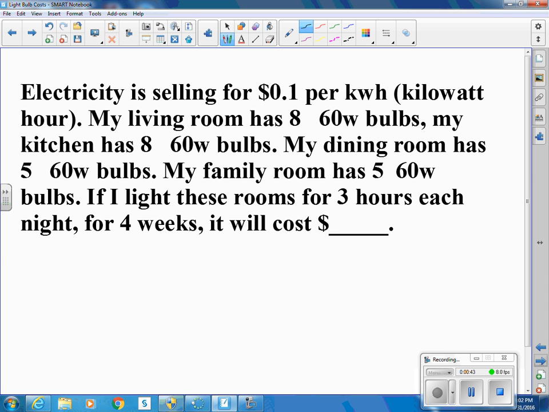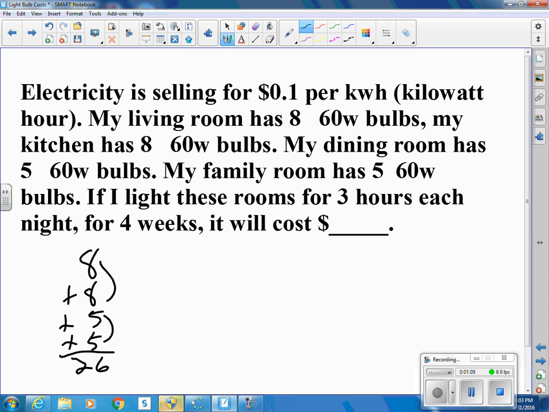Well, let's add up all of the 60-watt bulbs. We have 8 plus 8 plus 5 plus 5. So here's 10, here's 16, so that would be 26.